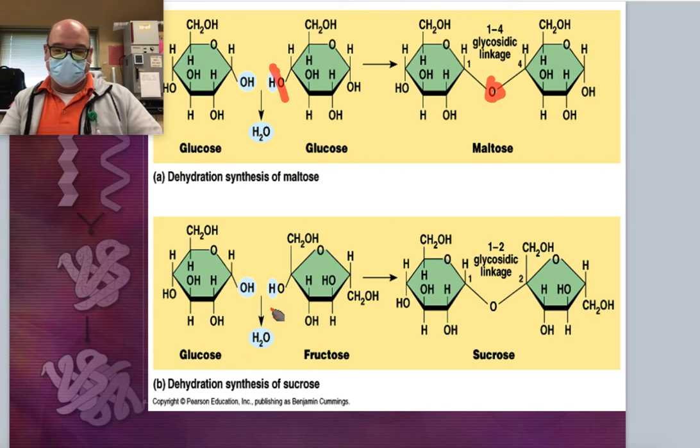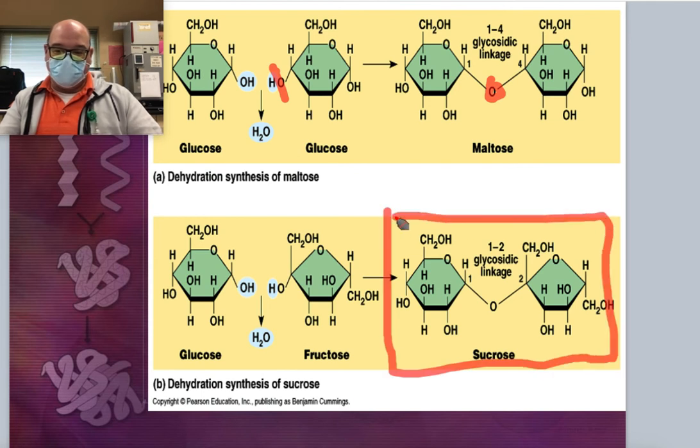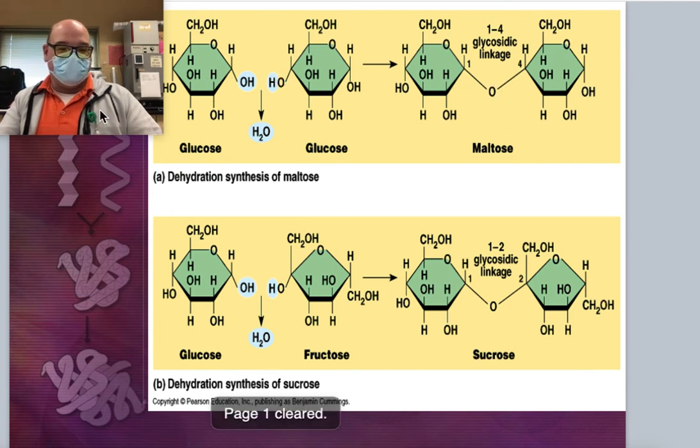This is another dehydration. Glucose plus fructose equals sucrose. And this is the white stuff that we put in our coffee and maybe on our cereal. So this is what you put in the chocolate chip cookies. And this is what you put in your chocolate malt. All right, let me go on to the next.